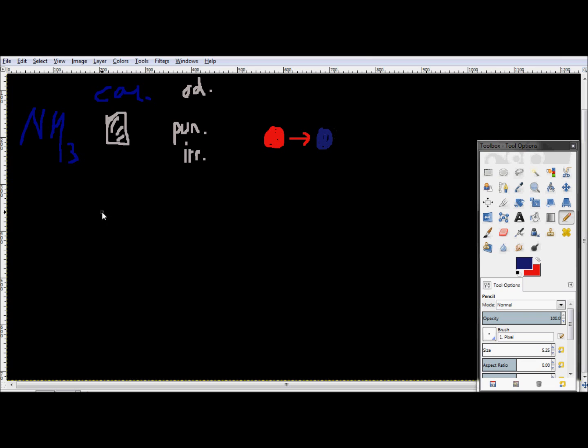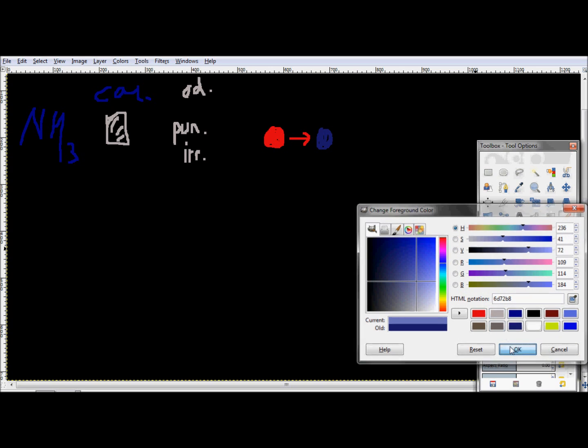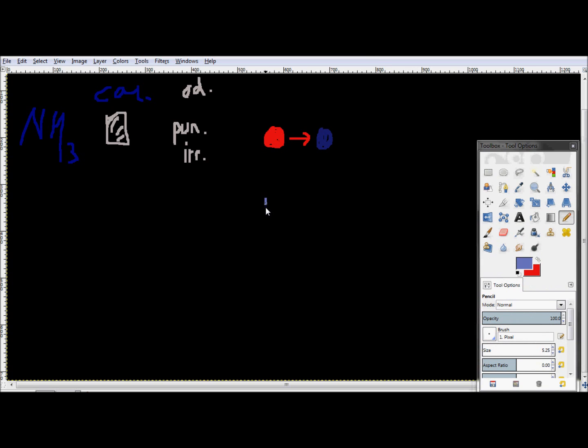Okay, and the distinct property for NH3 is actually the reverse of that of HCl. So in HCl what we had was that if you have HCl here, you have NH4OH here.